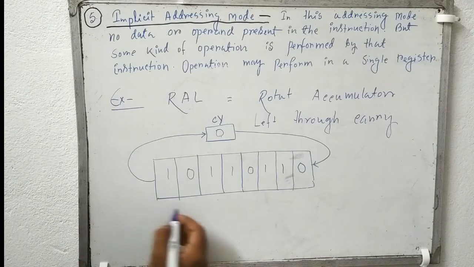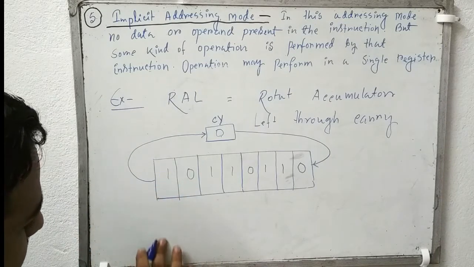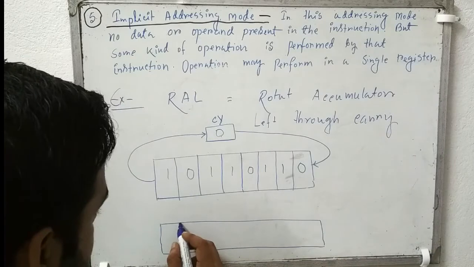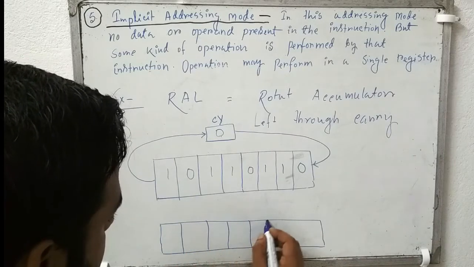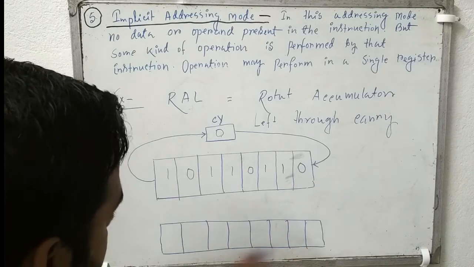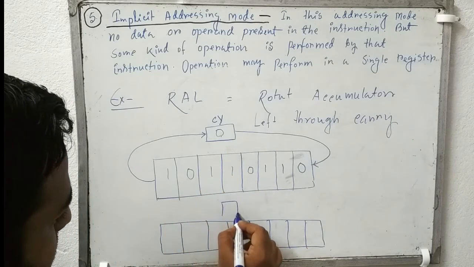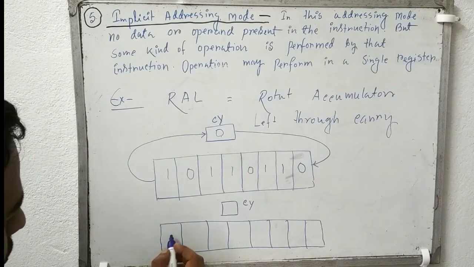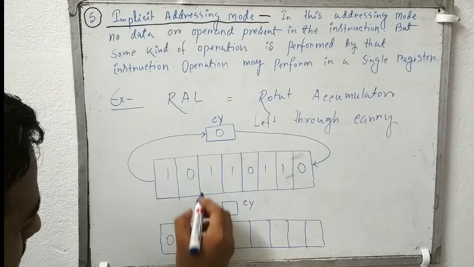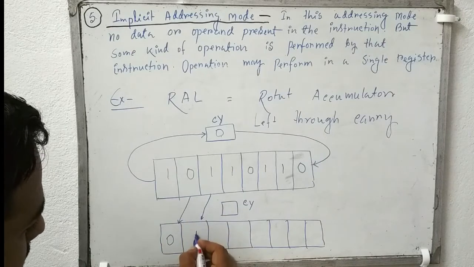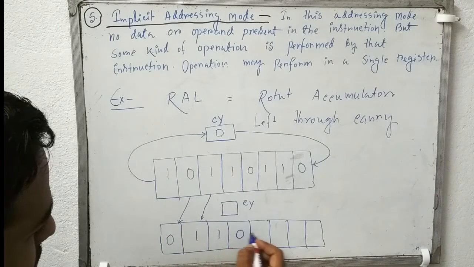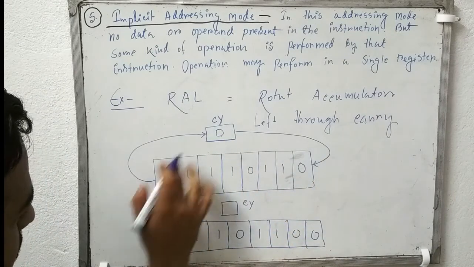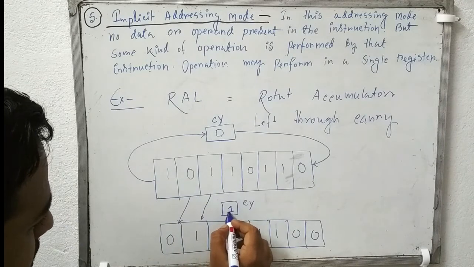So what will the new result value be? Now the data will shift 1 bit, so 0 will be here, 1 will be here, in that way 1 1 0 1 1 0, this 0 will come here, and this 1 will be stored in the carry flag.